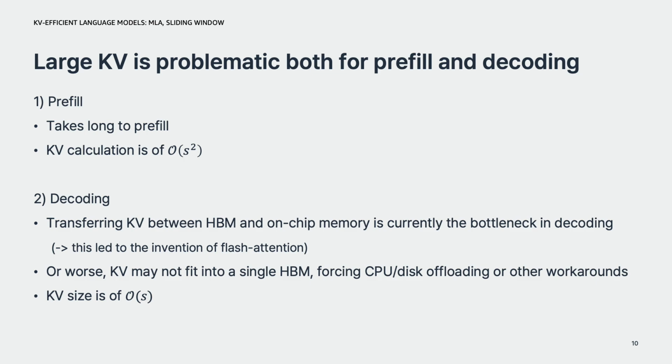As you've seen in the KV size formula, the KV size grows linearly with respect to the sequence length. And I think the biggest problem here is that S just keeps growing. As prefill and decoding are both bottlenecked by S, this is a significant problem.